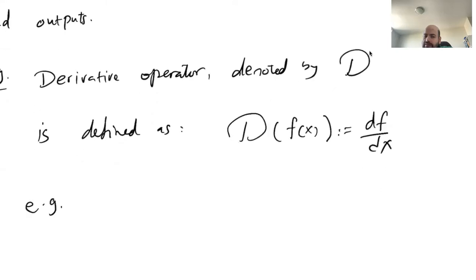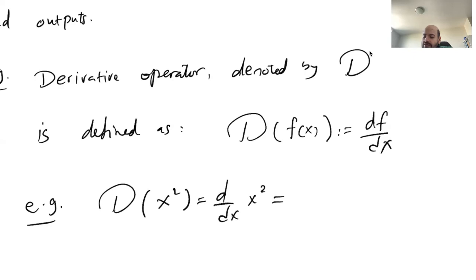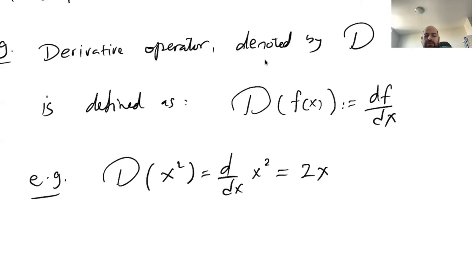So for example, the derivative operator applied on x squared is d over dx of x squared, which is 2x. As you can see, we have a transformation here. The input is a function like x squared. The output is also a function like 2x. And what is the relation between input and output? The output is simply the derivative of the input with respect to x.